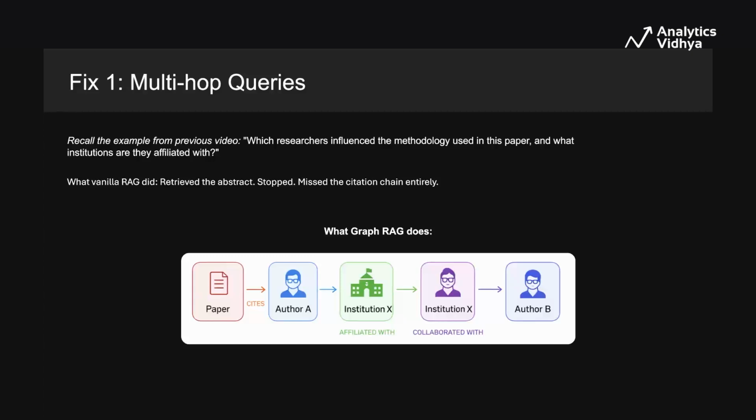So when this query comes in, the traverser starts at the paper node, follows a cites edge to author A, follows an affiliated-with edge to institution X, and follows a collaborated-with edge to author B. Each hop is just an edge traversal. The system follows the chain naturally. Multi-hop queries that were impossible for vanilla RAG become straightforward graph traversals.